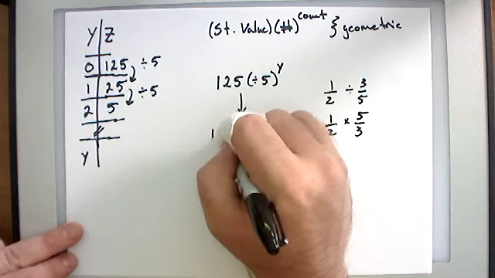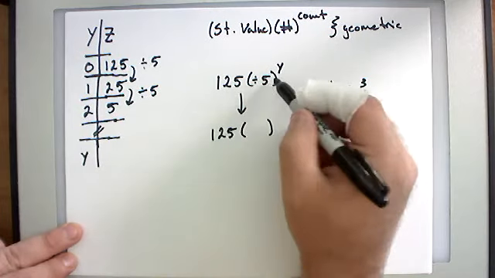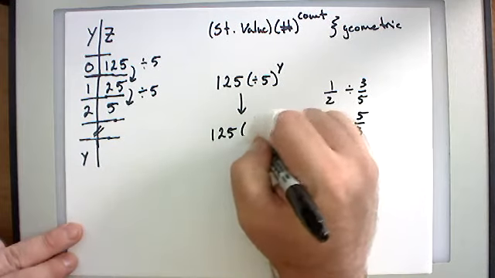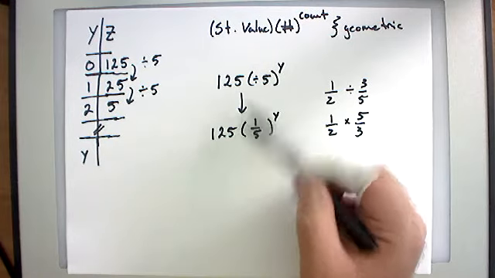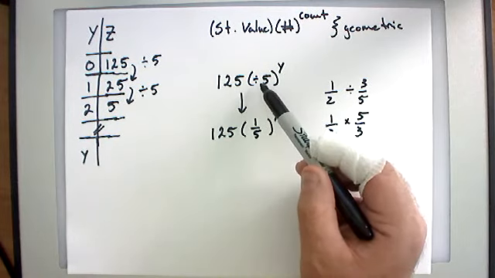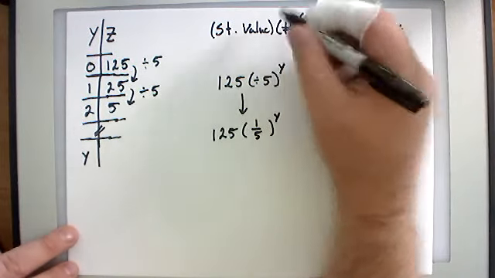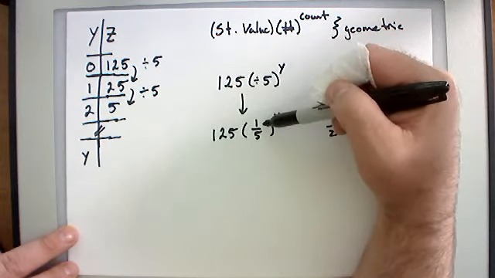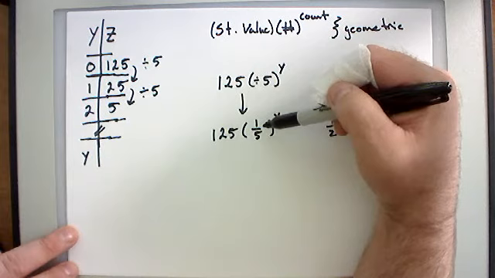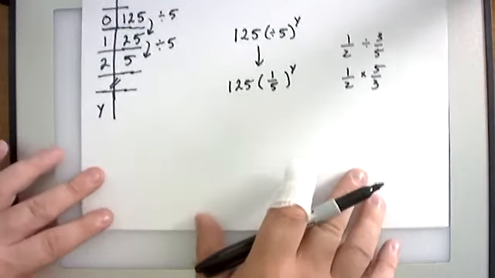We're going to keep the first one, change it to times, meaning drop the division symbol, and flip this number to 1/5, because multiplying by 1/5 is the same thing as dividing by 5. So be careful: geometric cannot be written with division. Even if it is division, you've got to write it as multiplication by flipping your division into a fraction. That's the tricky part here. That's the part everybody gets confused with. Be careful about that.